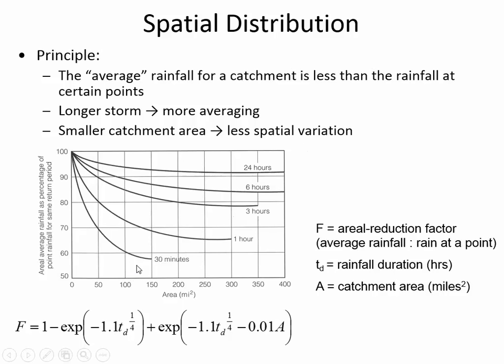And so the trend that this is illustrating is that a storm that is short, this 30-minute storm, has the greatest deviation from the average, because with a short storm, you're going to have a lot of variation. It may only be 60% of the average storm amount in any place, whereas a storm that is lasting a long time, there's going to be more variation in the storm in any one place, and so it's going to be closer to the average.